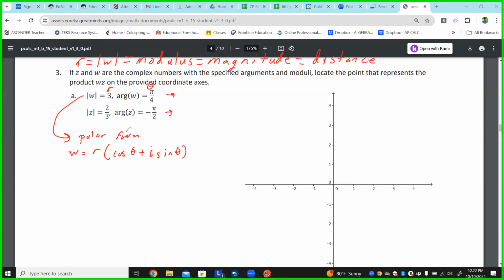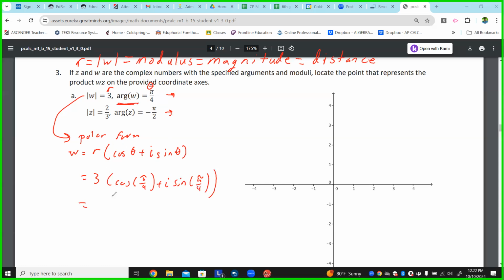Hope so. We're going to plug in what we were given, the R and the theta. So this is now going to be 3 times cosine of pi fourths plus i sine of pi fourths. It told us what the argument was.